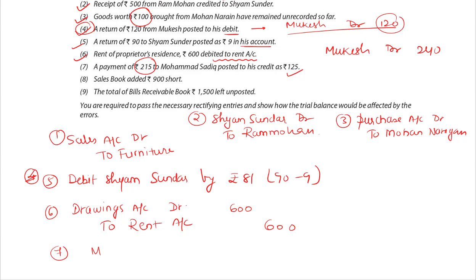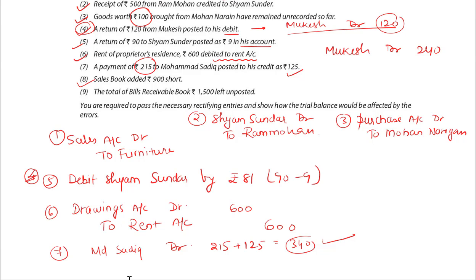So Muhammad Sadiq account will be debited by 215 to bank, but instead of debiting it you had credited 125. So we need to again debit 125. So debit Muhammad Sadiq by 340. Bank is actually correct, so we are not making any entry in that. So this is a single-sided error.